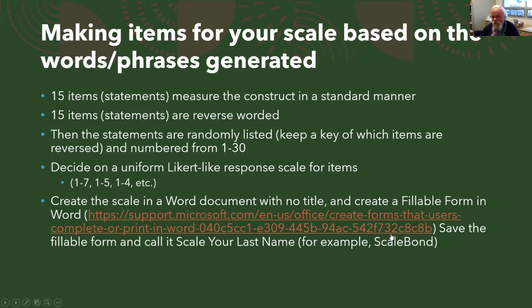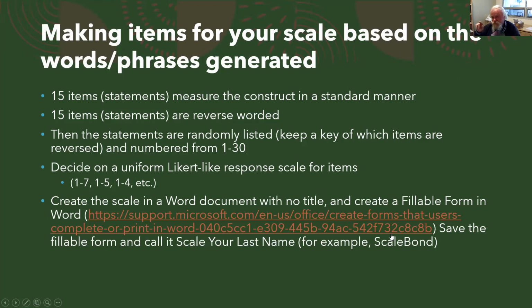Next, you're going to make items for your scale based on the words or phrases that you have generated. Okay. You're going to have 15 statements that measure the construct in a regular manner, okay, where we don't have to reverse the score on it. And then you're going to have 15 items that are reverse worded, okay? And these statements will kind of be mixed up on the scale.